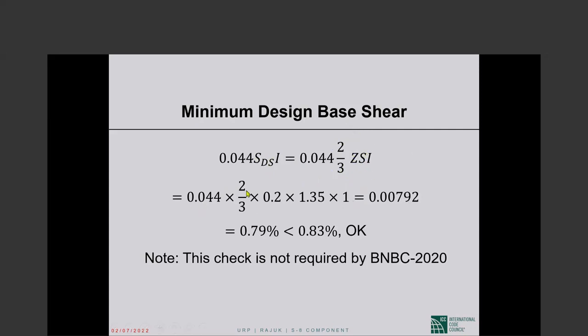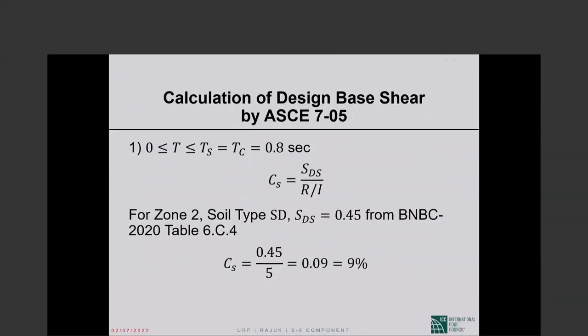The 0.044 times 2/3 times 0.2 times S of 1.35, here it is correct, times I of 1, that is 0.0079, which is 0.79%, which being less than 0.83%, that is okay. So we cannot go below 0.79%. Note this check is not required by BNBC 2020. We ran numbers also by ASCE 7.